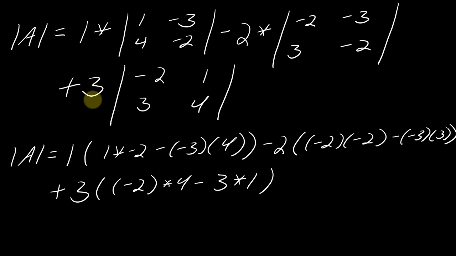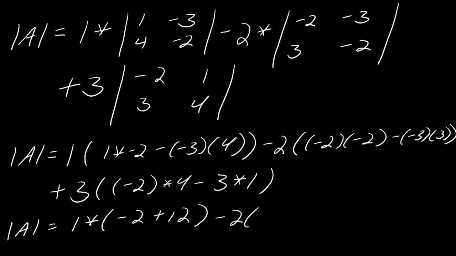So there are all of these little submatrices, and now I've got everything broken down. Let's see if I can finish this. So this will be 1 times (-2 plus 12) minus 2 times (4 plus 9) plus 3 times (-8 minus 3).